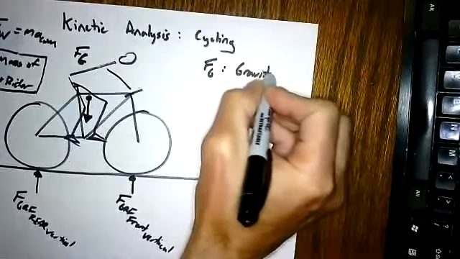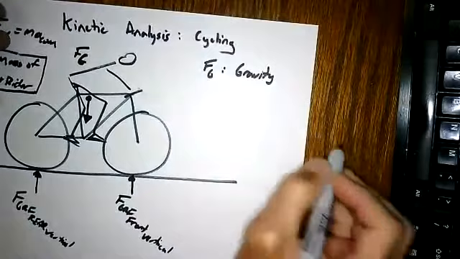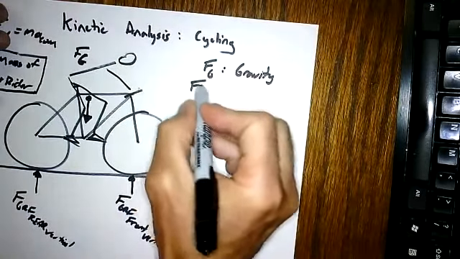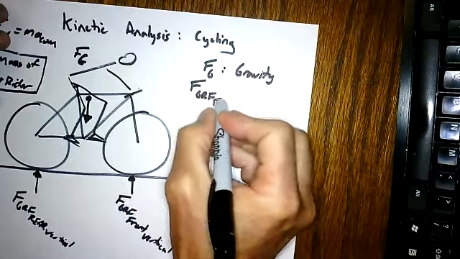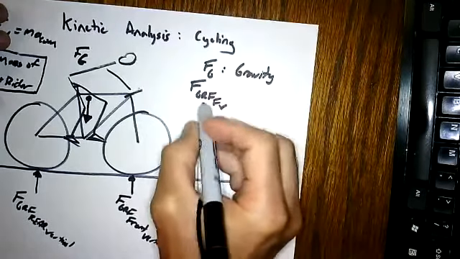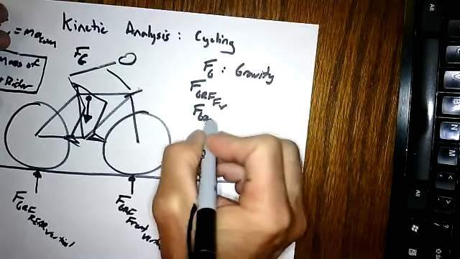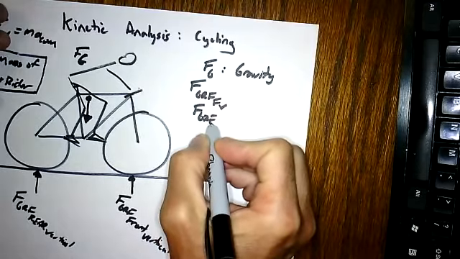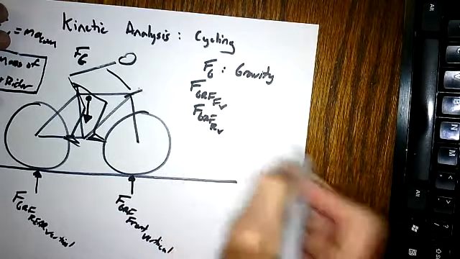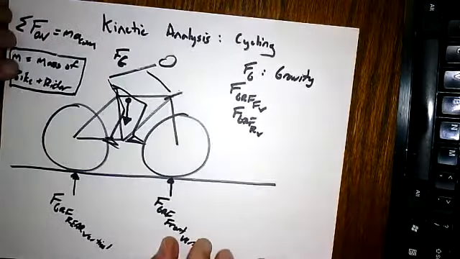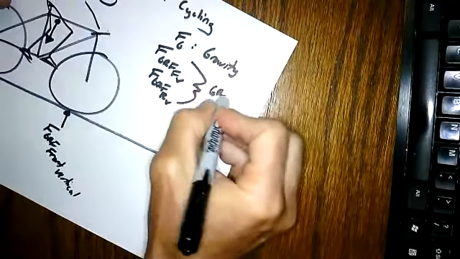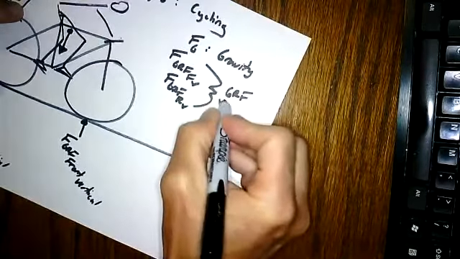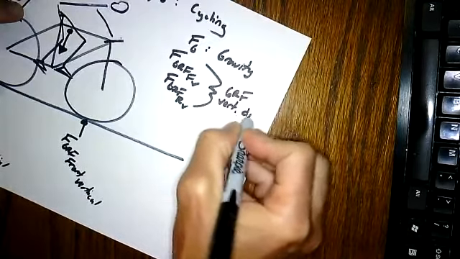Gravity is the force acting on the bike rider system. F, GRF, and now I'll abbreviate front, vertical, F, GRF, rear, vertical. Okay, so we're keeping a list. So these are ground reaction forces, vertical direction.